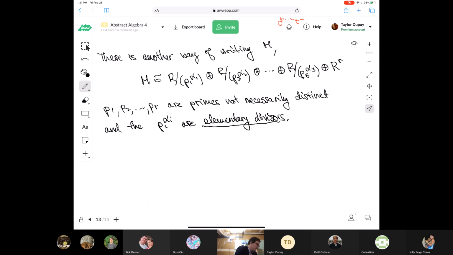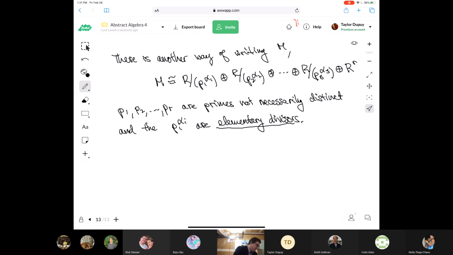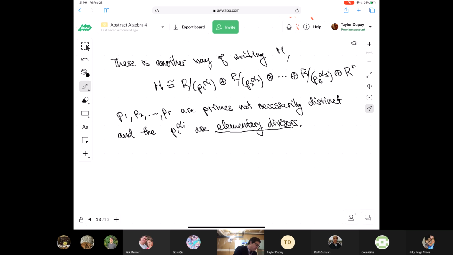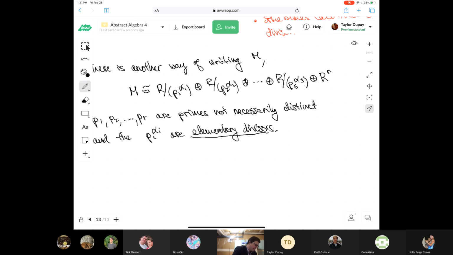Okay, and so you convert between these two. One thing is that this is what's going to correspond to the Jordan canonical form.